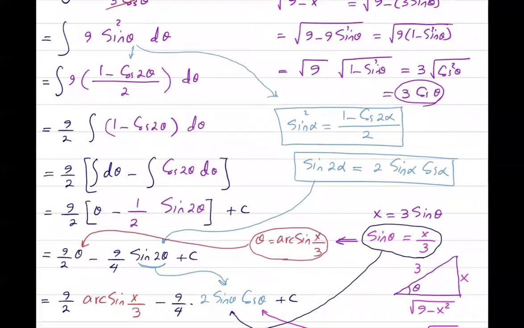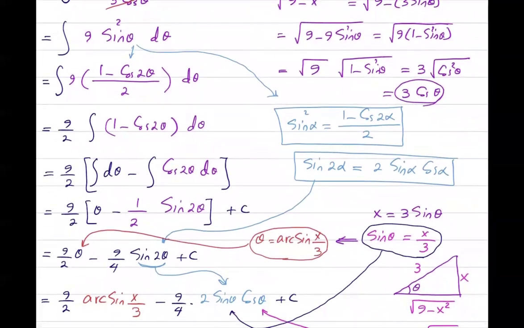So you have to go back to the substitution that you used. Your x is equal to 3 sine theta. So sine theta is x over 3. Going back to the definition of a right triangle and the definition of trig functions, sine is x over 3. So the other length is square root of 9 minus x squared. Why are we doing that?